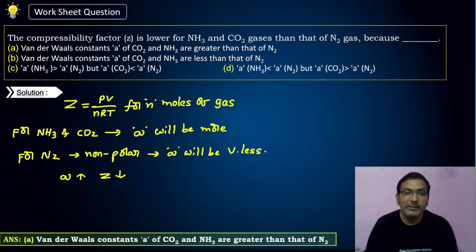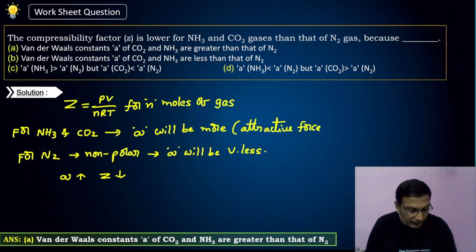So therefore, compressibility factor is lower for NH3 and CO2 than N2 gas. So due to attractive forces, A will be more means attractive forces. So among NH3, CO2 and N2, attractive forces are dominating for NH3 and CO2. So therefore compressibility factor decreases. So compressibility factor decreases means Z less than 1.